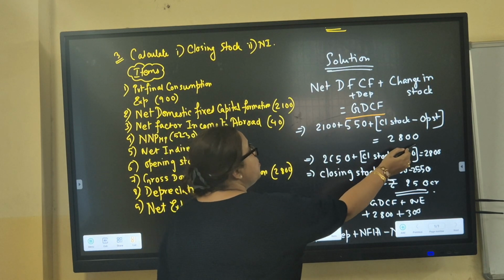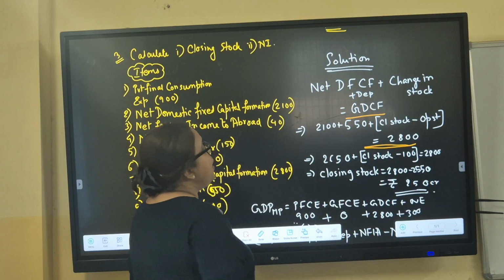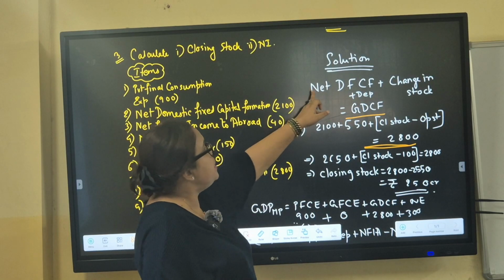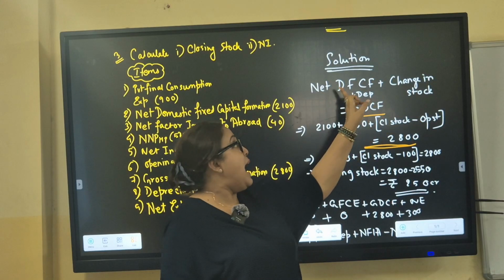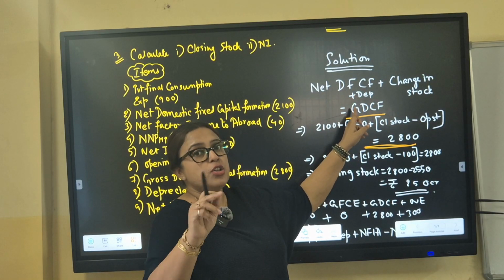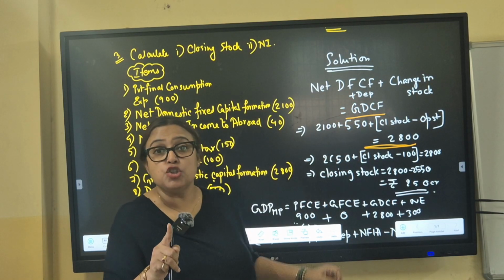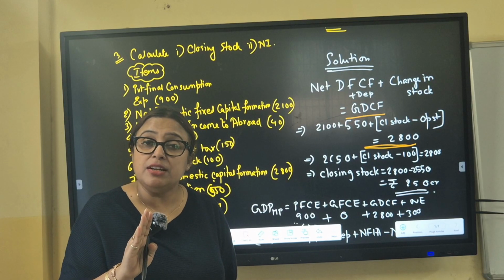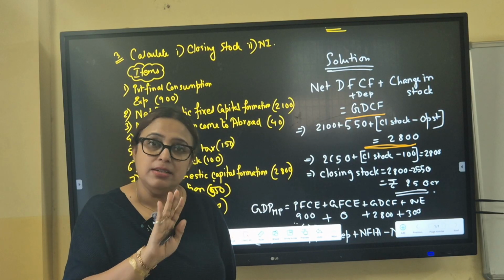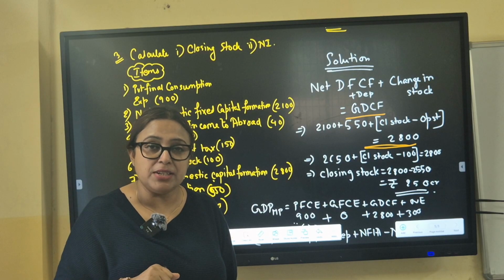So in this way, my net domestic fixed capital formation has been added to change in stock and depreciation to get gross domestic capital formation. So please note what is given in the sum. If net domestic capital formation is given, just add depreciation to get gross domestic capital formation.